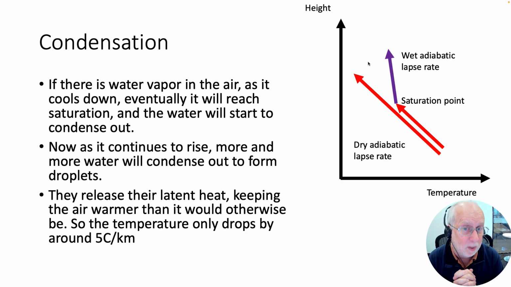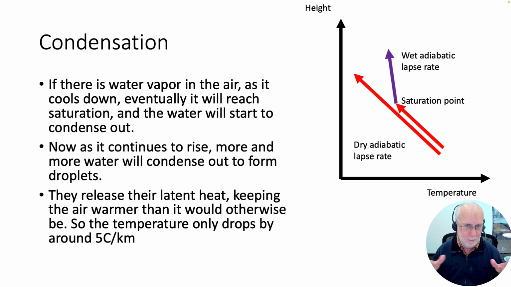Wet air does something different. So let's imagine now we take a parcel of air which has water vapour in it, like most air on Earth does at some level, and you push that up, and as it goes up, to begin with, it just cools down and expands just like the dry air.